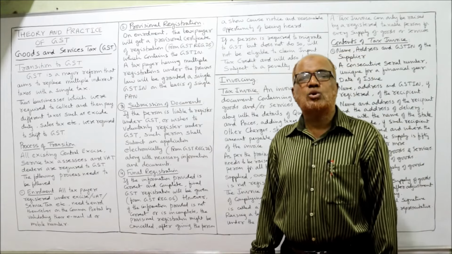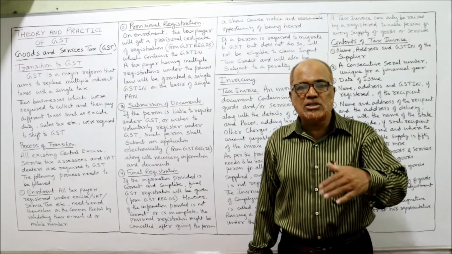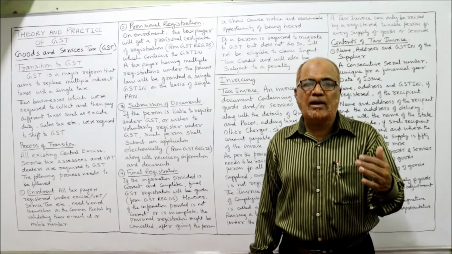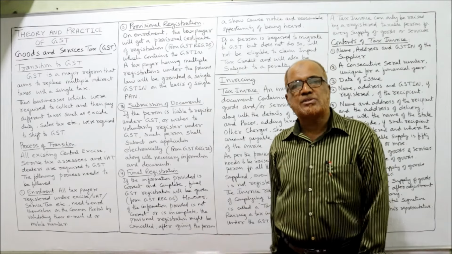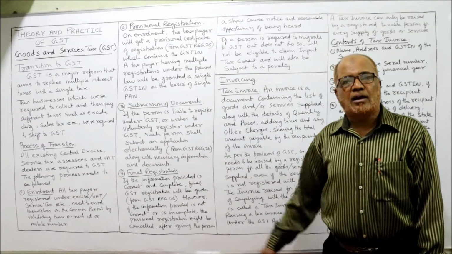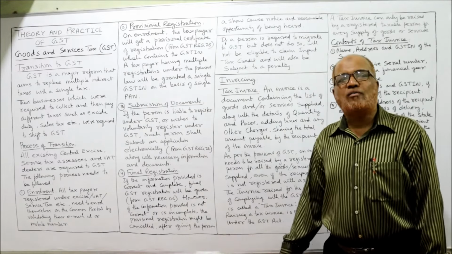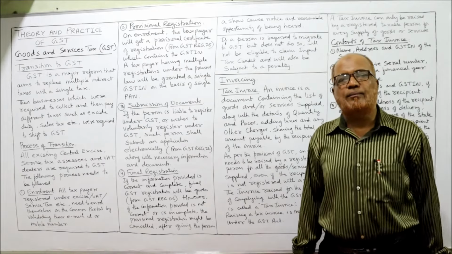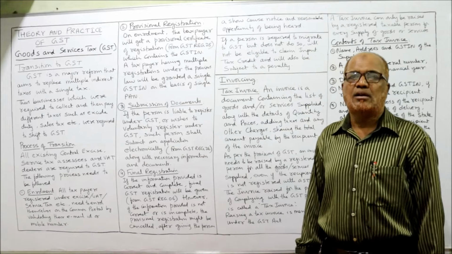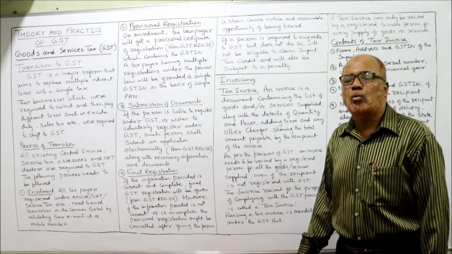In examination, a question will be asked: explain the provisions regarding the transition to GST and what are the steps involved in transition. The 4 steps I have explained: first, enrollment; second, provisional registration; then submission of all the documents and information; then getting the final registration. That's it. Now the second topic in this video is about invoicing.